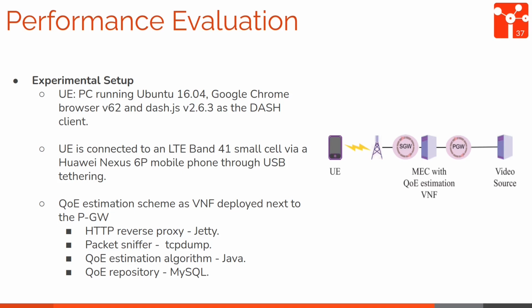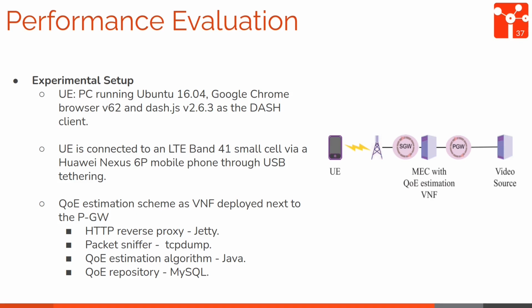Now for the performance evaluation, for the experimental setup, they used user equipment, a PC running the Ubuntu 16 operating system and the Google Chrome browser, with dash.js as the DASH player. The user equipment is connected to an LTE band 41 small cell via a Huawei Nexus 6P mobile phone through USB tethering.